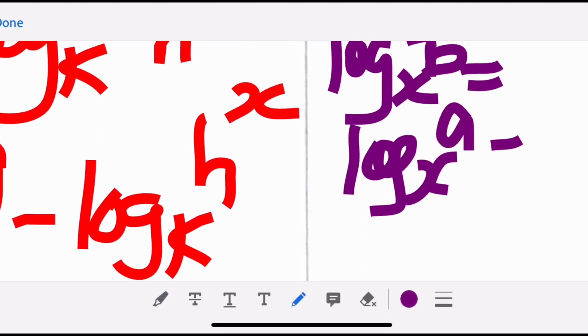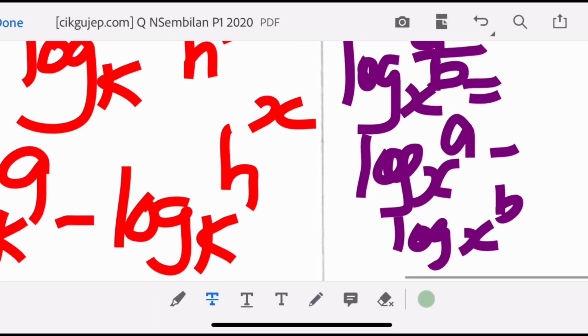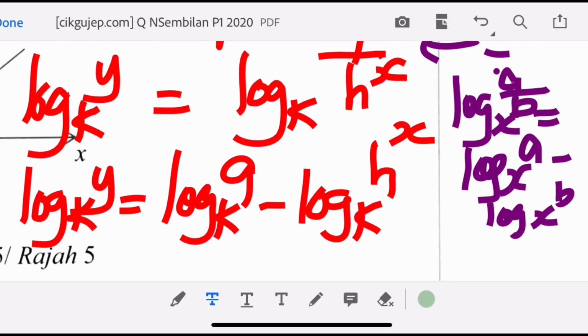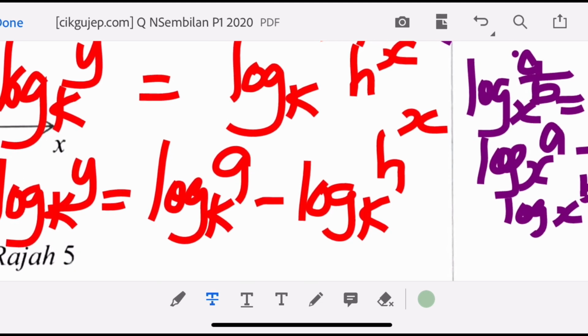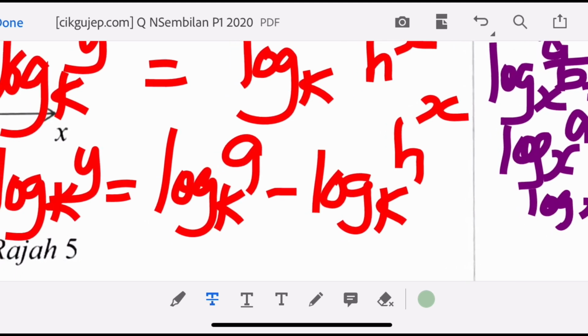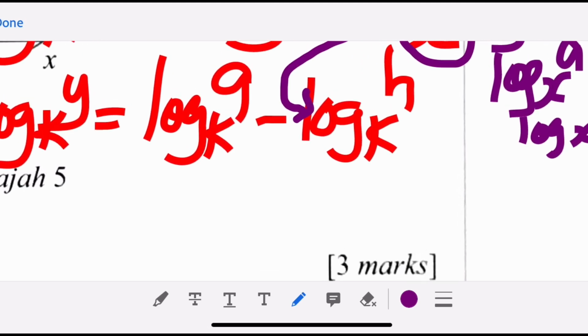Alright, so now we have applied the law already. Then we can apply another law, which is the power law. According to the law of logarithm, we can bring the power to the front. Still remember when you learn the law of logarithm, the power can always be brought down and must be brought to the front.